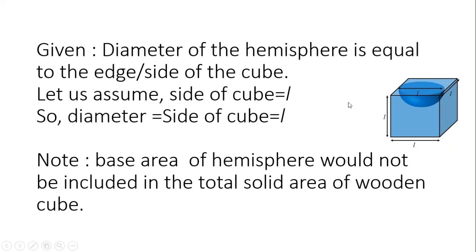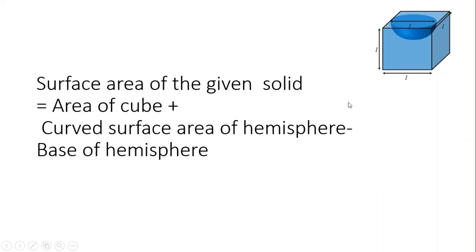Now, how can we finalize the total surface area of the given solid? The surface area of the given solid is nothing but the area of the cube plus the curved surface area of the hemisphere, minus the base area of the hemisphere.